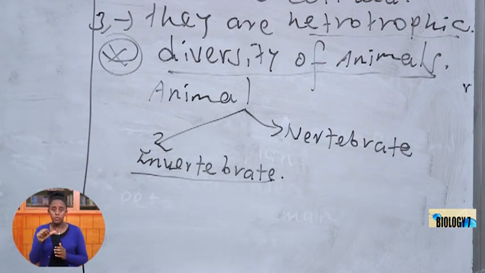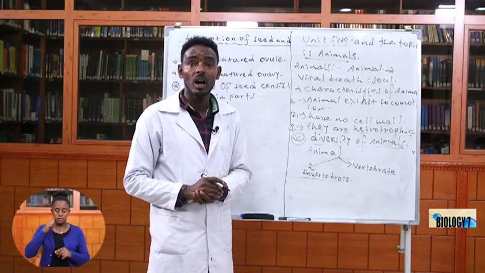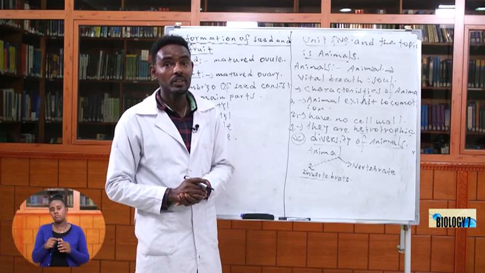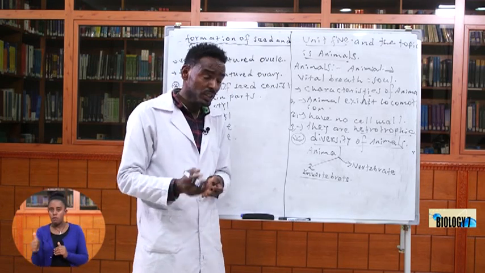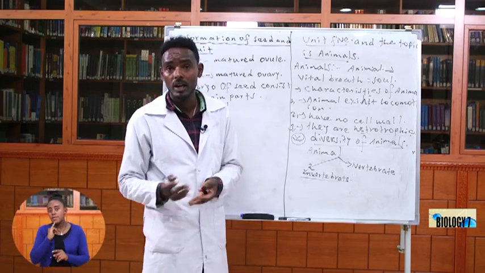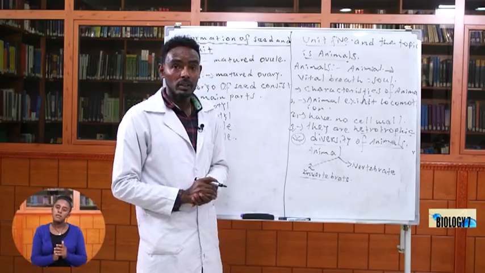Another difference between vertebrate and invertebrate animals is that vertebrate animals are big in size and invertebrate animals are small in size. Another difference is the number.